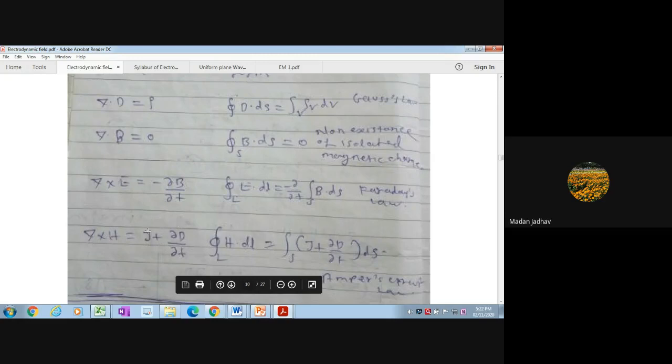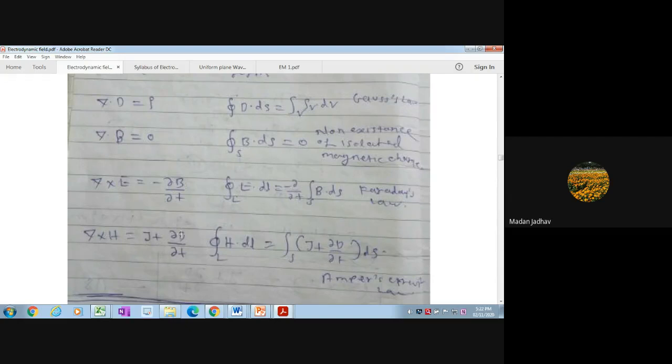Whenever we apply electric flux across a dielectric material, there is a displacement current, and this displacement current density is only true for the time varying field, not for the static field.